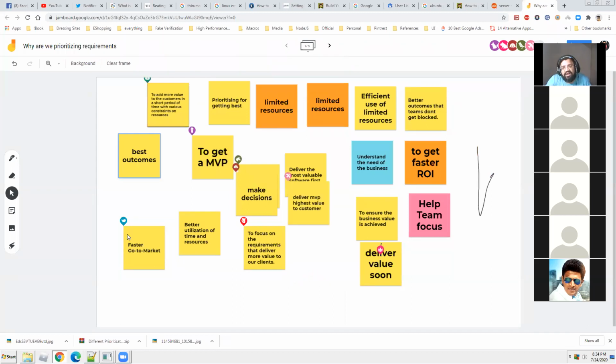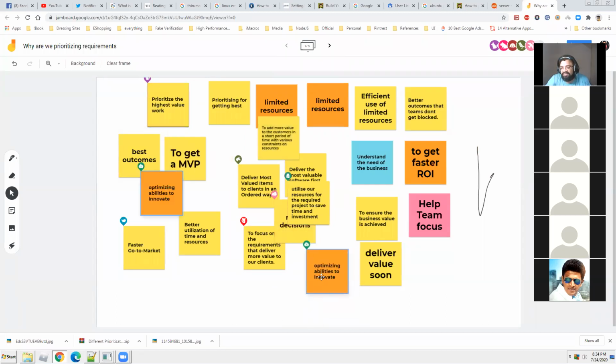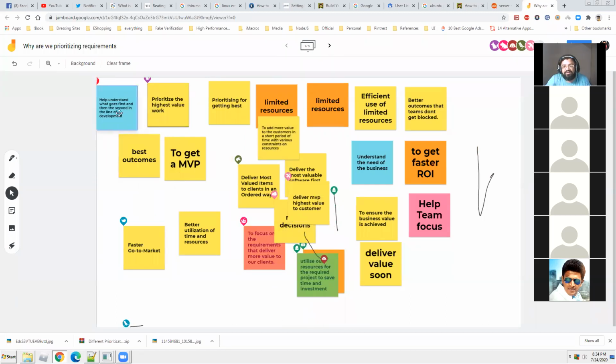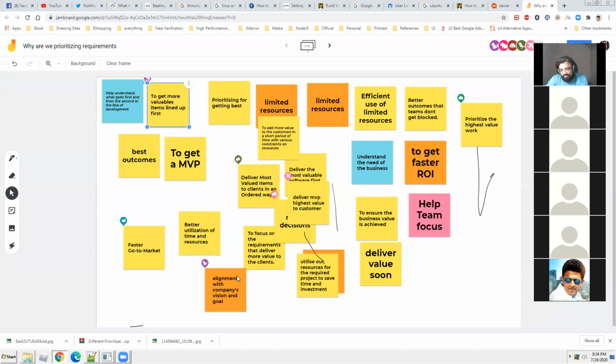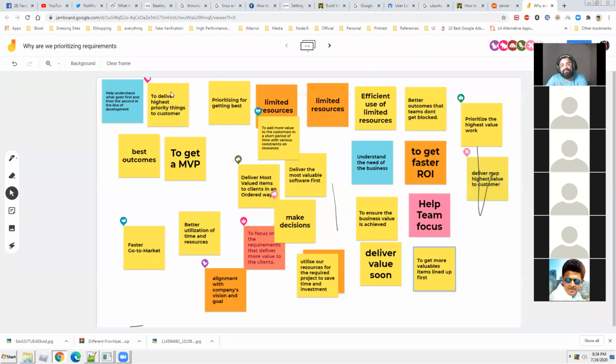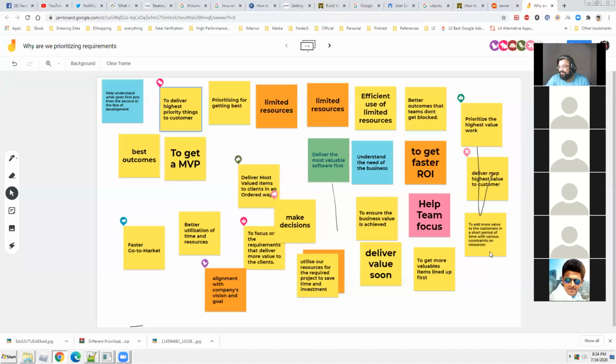Add more value to the customer, optimizing the ability to innovate, help understand what goes first, alignment with company's vision and goals to get valuable items lined up first, deliver highest priority to the customer.